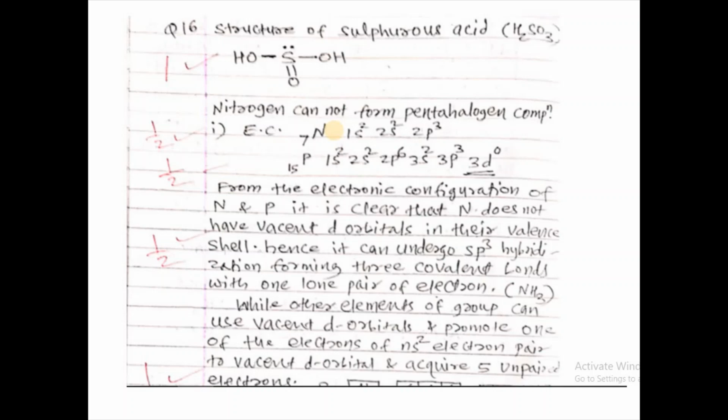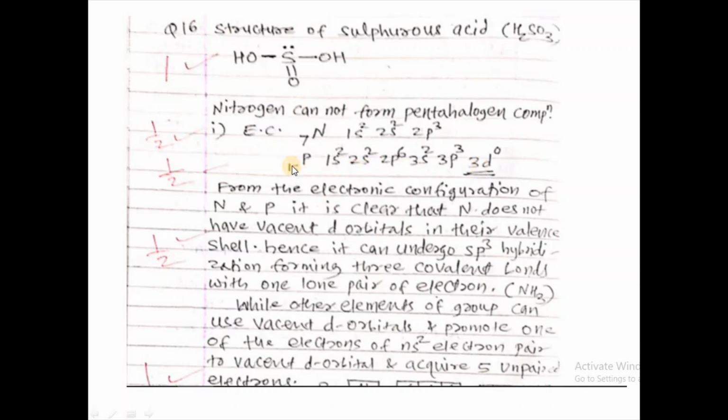In the case of nitrogen, the electron configuration is 1s2 2s2 2p3, and it does not have a d orbital, hence it cannot expand its octet like phosphorus. For phosphorus the electron configuration is 3s2 3p3, but it has empty 3d orbitals, hence an electron from 3s can be promoted to the 3d orbital, and it will have 5 unpaired electrons: 3s1, 3p3 and 3d1.